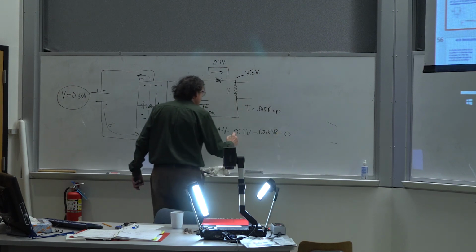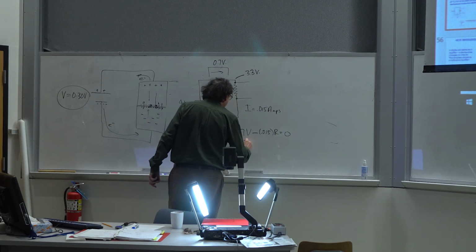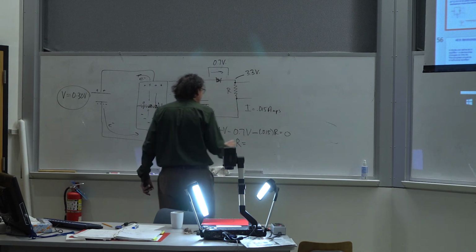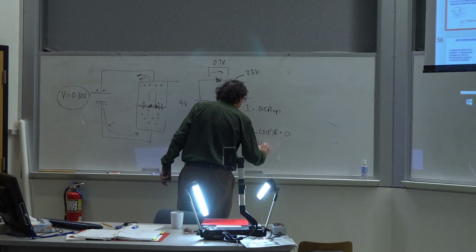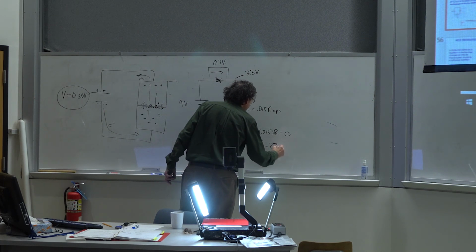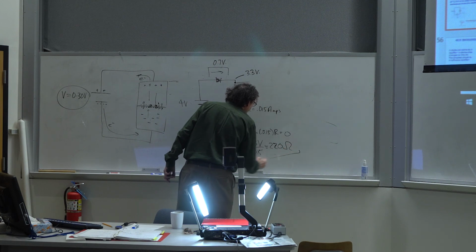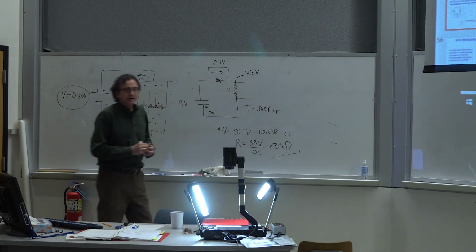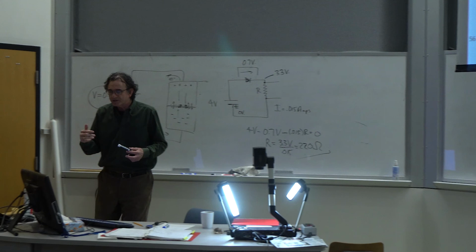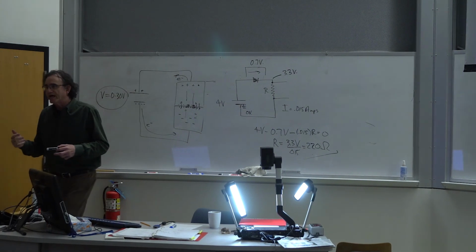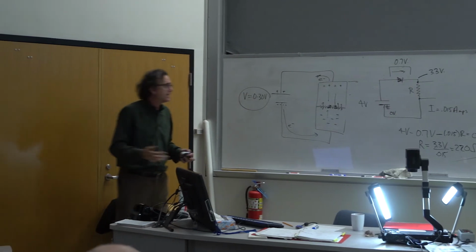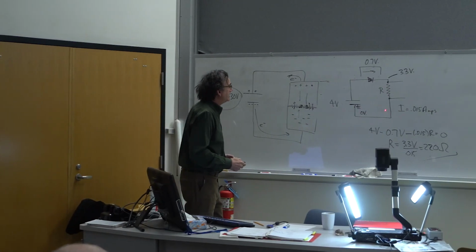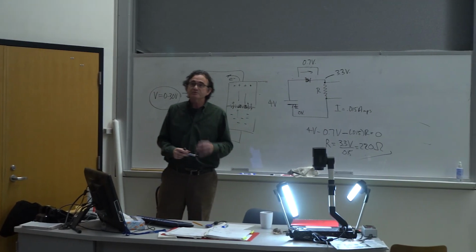So this says that R is equal to 3.3 volts divided by 0.015, which is equal to 220 ohms. Okay. So the resistance I need for this particular circuit to hold it at a current of 15 milliamps is about 220 ohms.